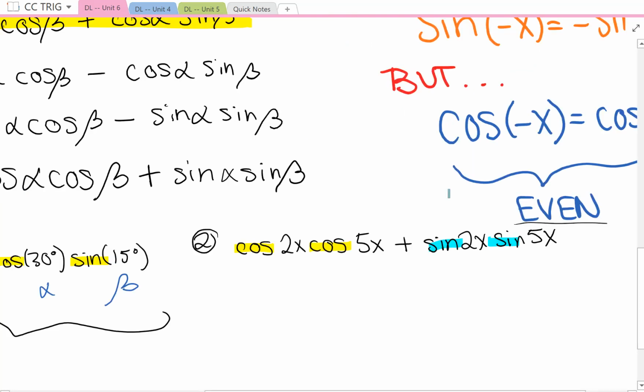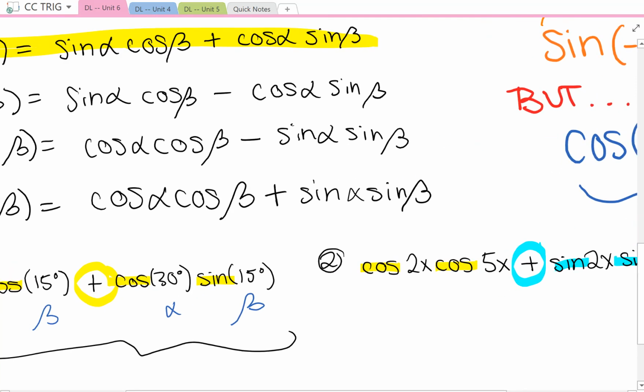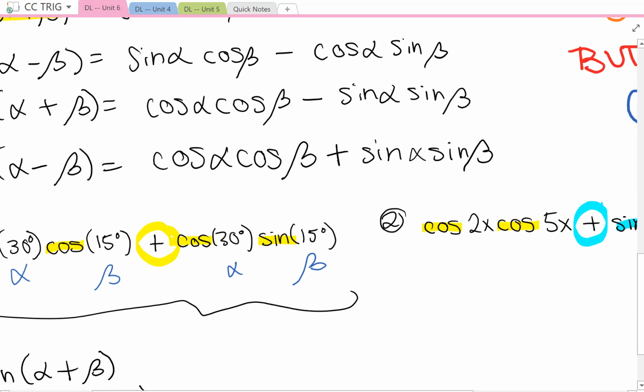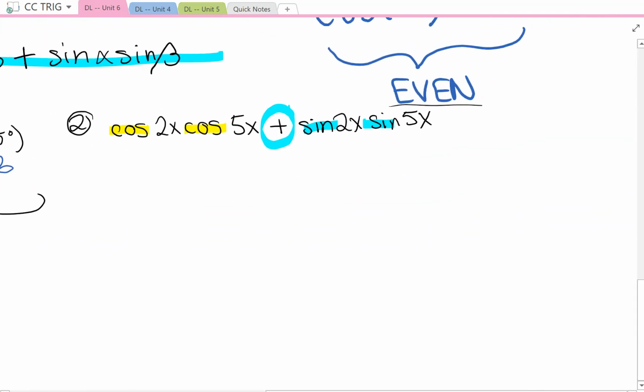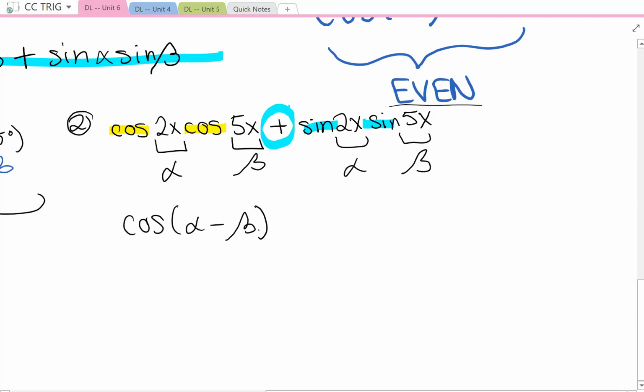Our second and final example starts off with cosine, cosine, and then goes to sine, sine. And our sign in between is plus. So we're looking for cosine, cosine, sine, sine, and plus. That is equivalent to cosine alpha minus beta. So we'll label alpha and beta. Cosine alpha minus beta, so alpha is 2x and beta is 5x, and we are subtracting those.